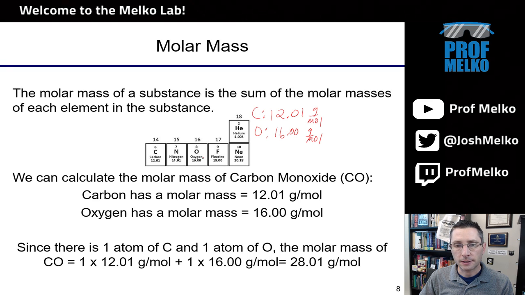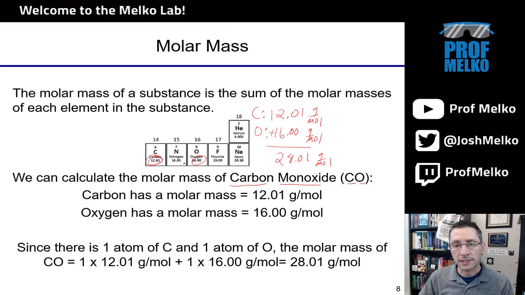Again, I'm just reading these numbers off the periodic table. If I want to know the mass of carbon monoxide, 1 carbon and 1 oxygen, I take 12.01 and add it to the atomic mass of oxygen. I add these two numbers together to get 28.01 grams per mole.